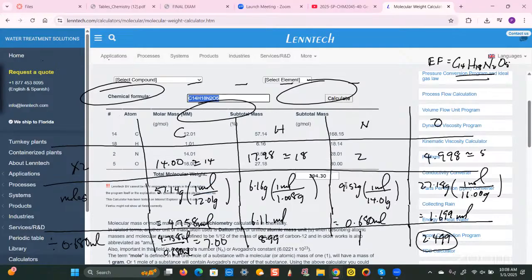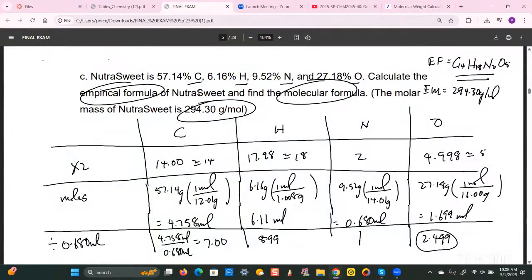Let's see what this gives. So, according to this, the empirical mass is equal to 294.30 grams per mole. So again, go back to this here.